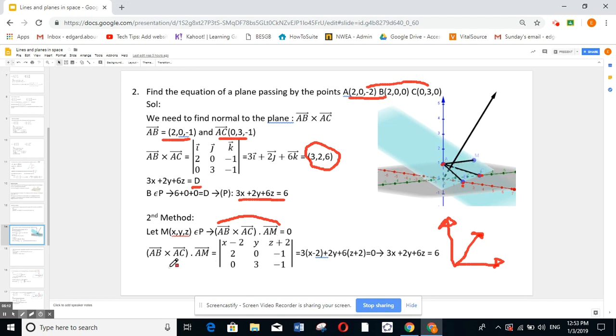So if you do it, AB cross AC, dot AM, the box product with XM minus XA, YM minus YA, so y, ZM minus ZA, so z plus 2. If you do now the box product, you're going to get this answer. So it's the same equation as we did before. Either you use method 1 or method 2.